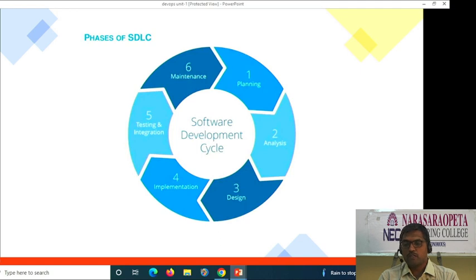After the proper design, you have to implement it. Implementation is the concept of your coding. You write the code appropriate to the design from the design phase, to reach your solution. So from those designs you come to the coding.